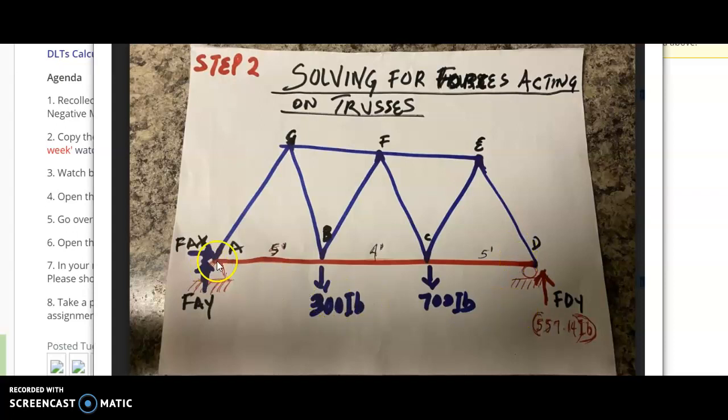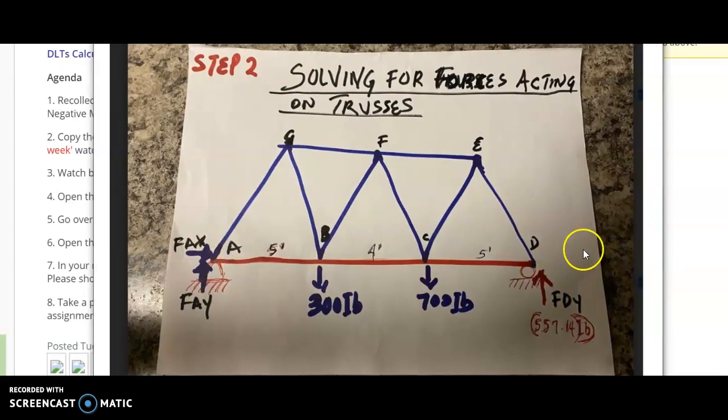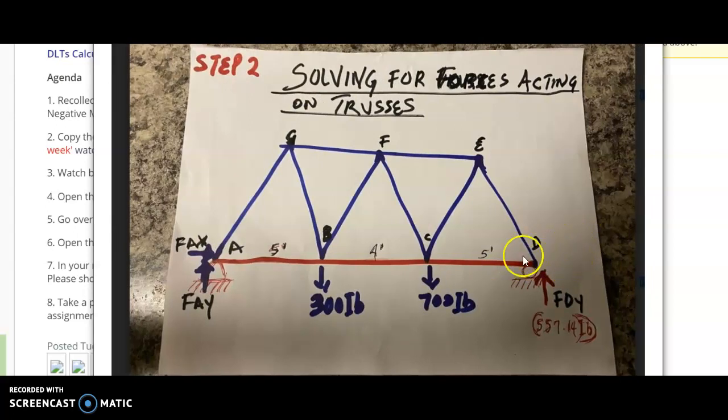So remember, this is a pinned joint, and this is a roller joint. That means this joint can expand this way, so there's nothing stopping it. But there's a force stopping it from moving in this direction, that's the force here.